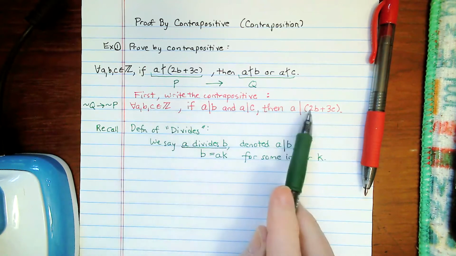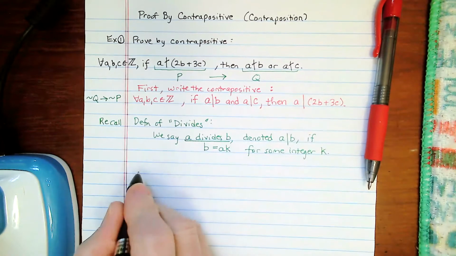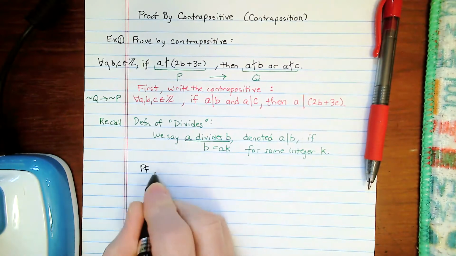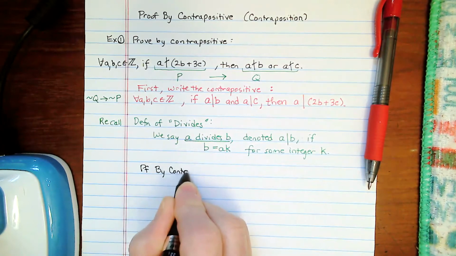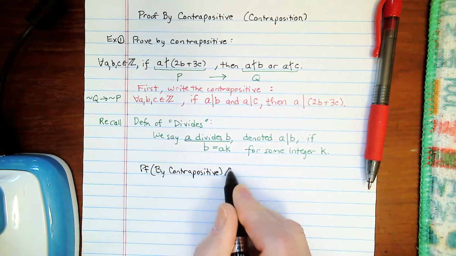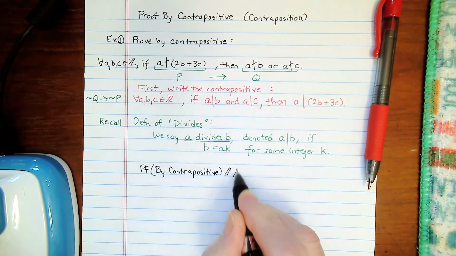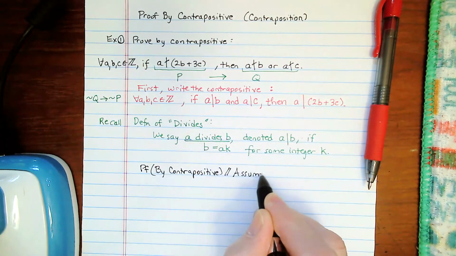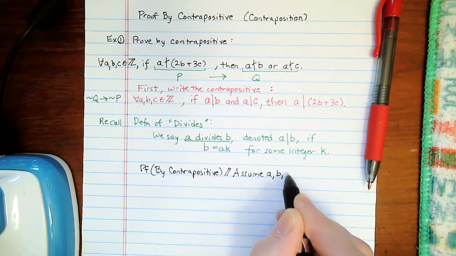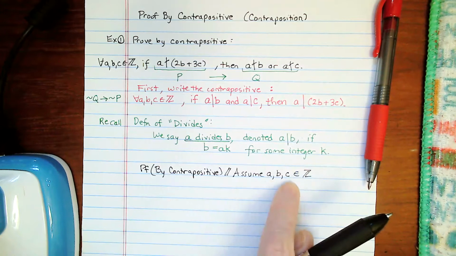So we want to prove the contrapositive. Here's our proof by contrapositive. We're going to assume a, b, and c are integers. We always let our reader know where our variables live, their domain.